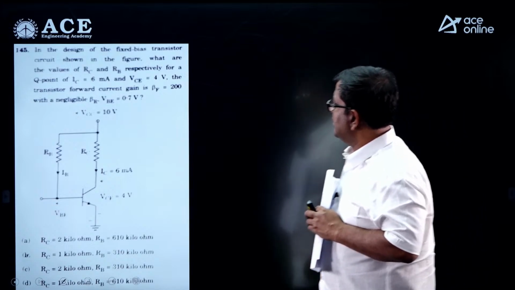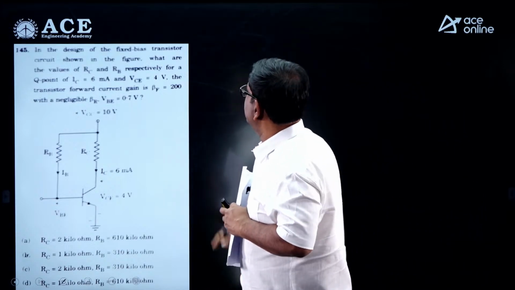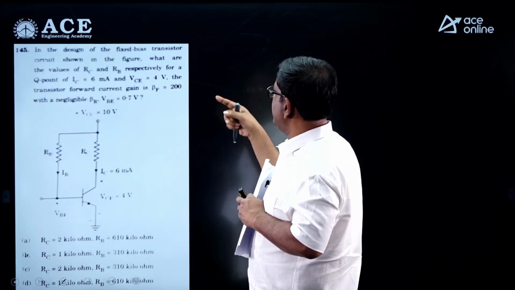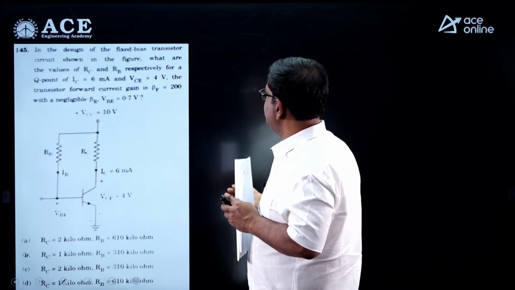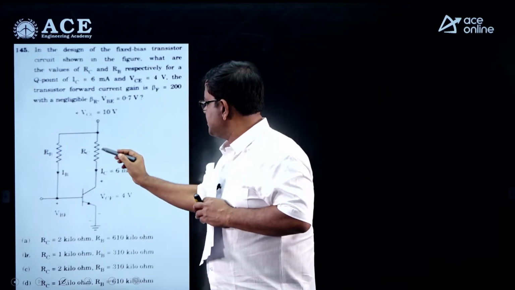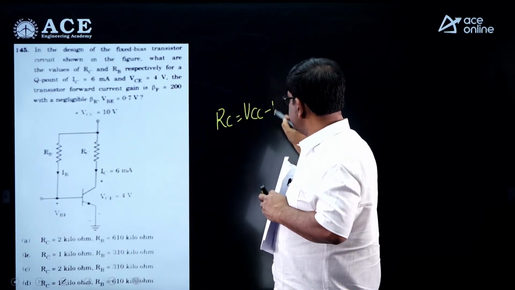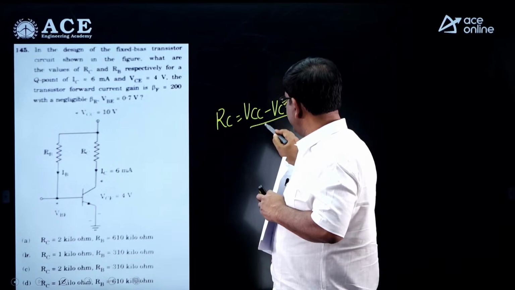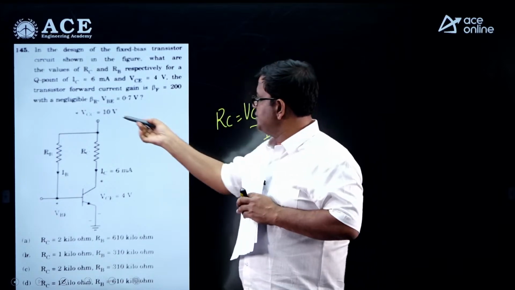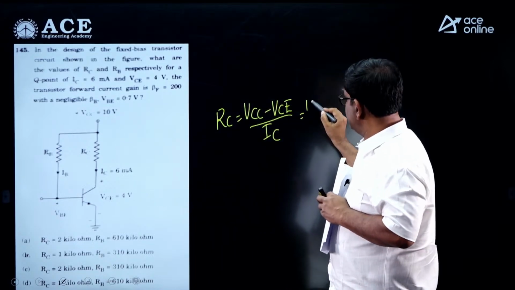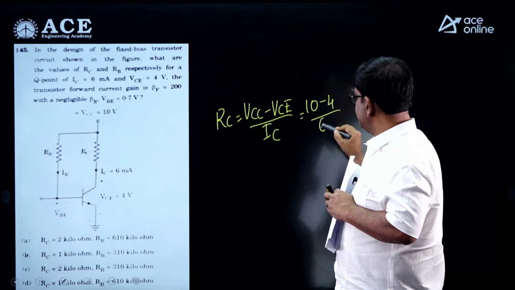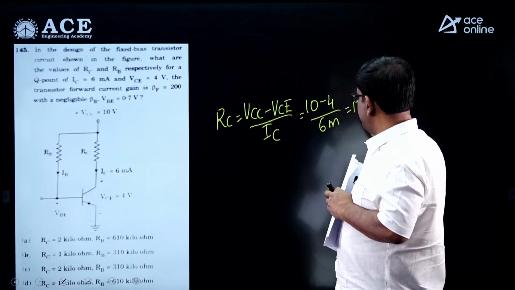So this is another simple question. For a fixed bias circuit, he has asked you to find this RC. So what is RC? Simply, it is VCC minus VC by IC. So just substitute here, 10 minus 4 by 6 milli, it is 1 kilo ohm.